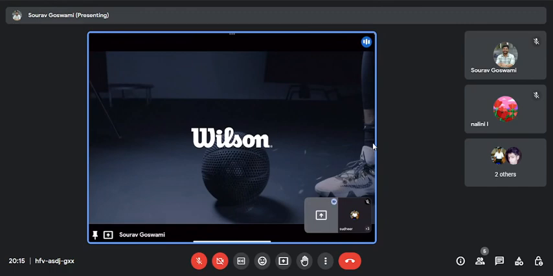So this is actually a 3D printed basketball, which I think has been approved by the NBA for use in actual games.